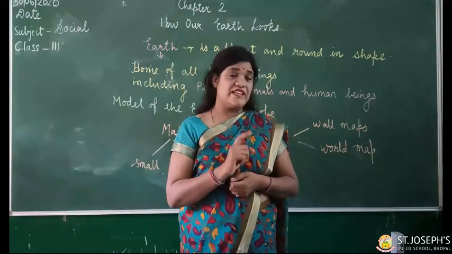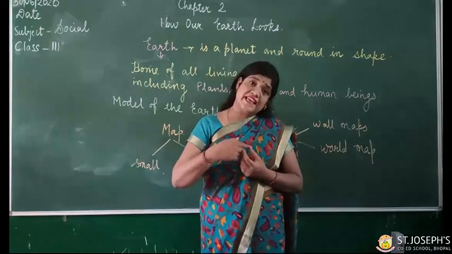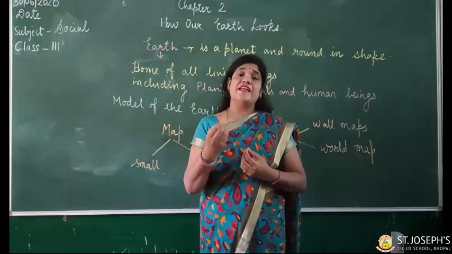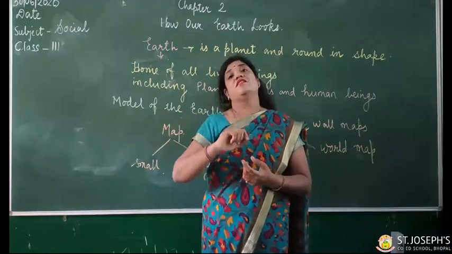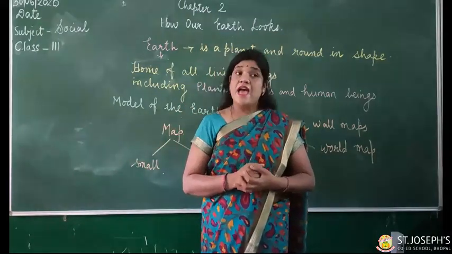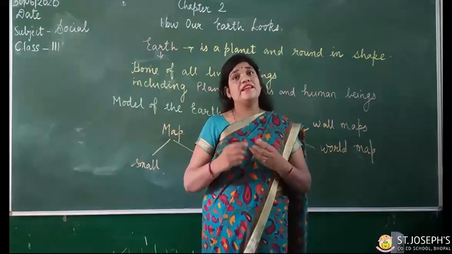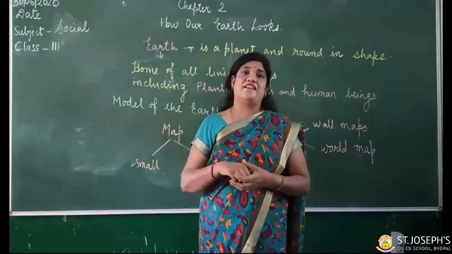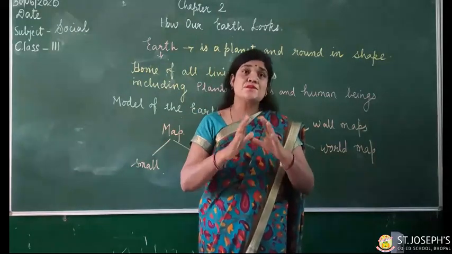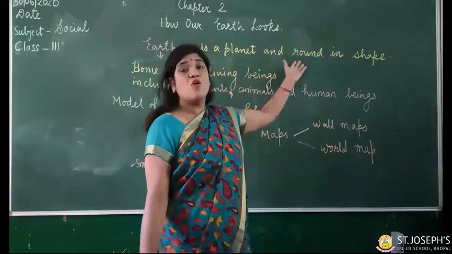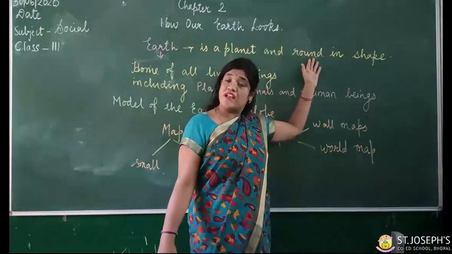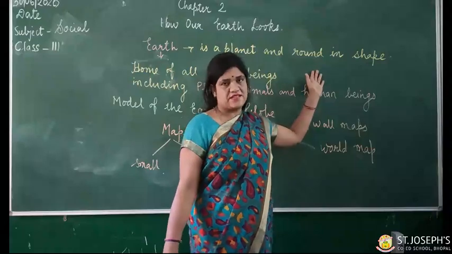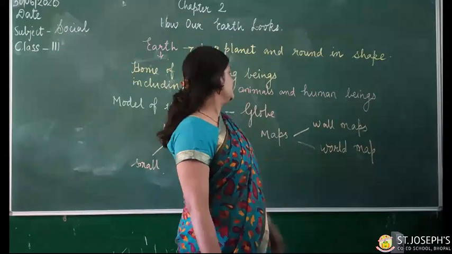And how he proved? He started his journey and sailed in the same direction for 3 years, children. And what he saw was that he reached the same place again. So that's proof that the Earth is round in shape. Hope I am clear to all.